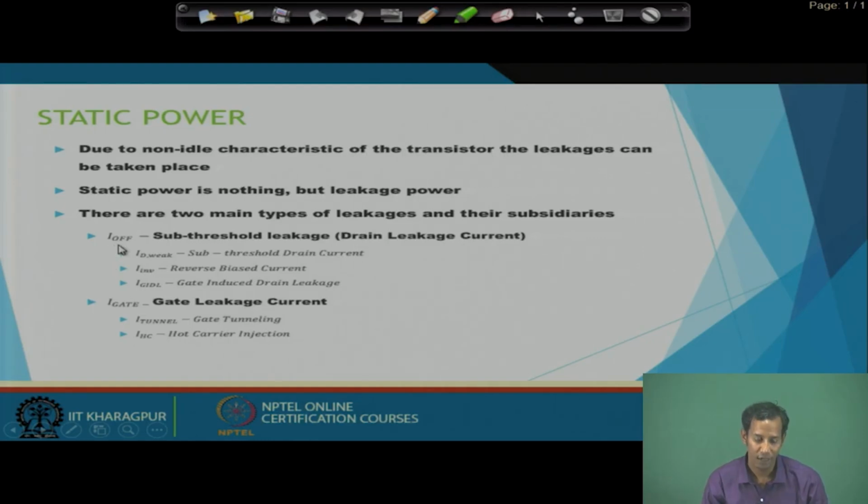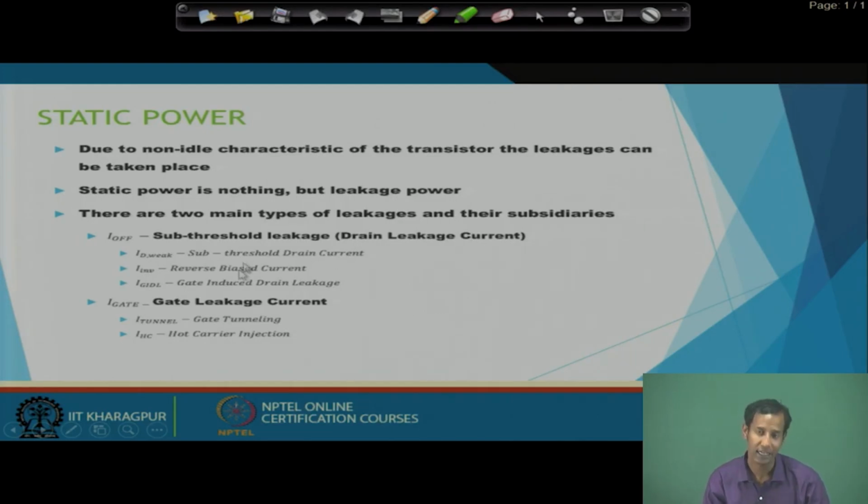I off is the subthreshold leakage or drain leakage current. It mainly depends on the contribution of I d weak, which is the subthreshold drain current, I invert, which is the reverse bias current, and I g I d l, which is gate induced drain leakage.